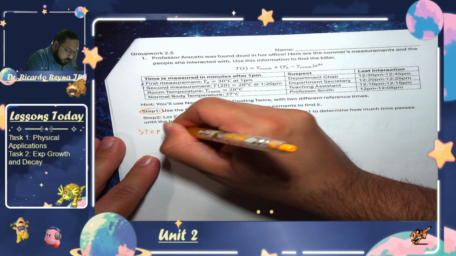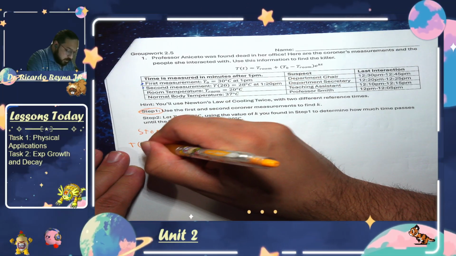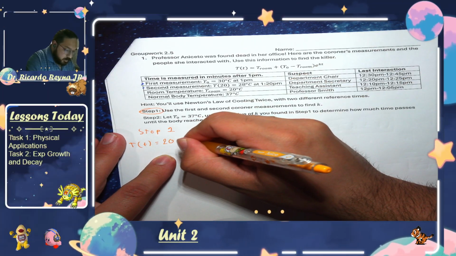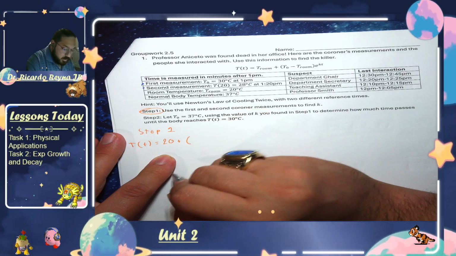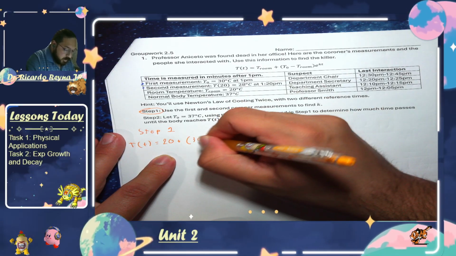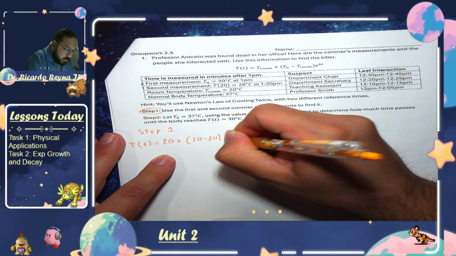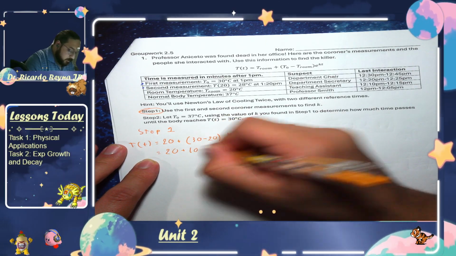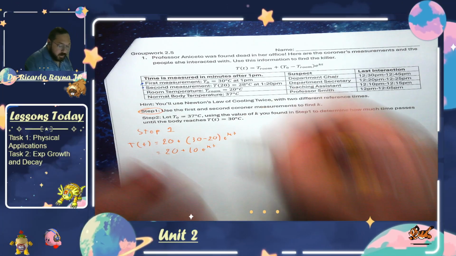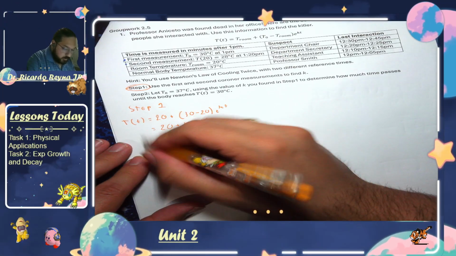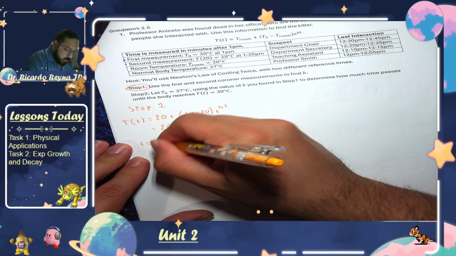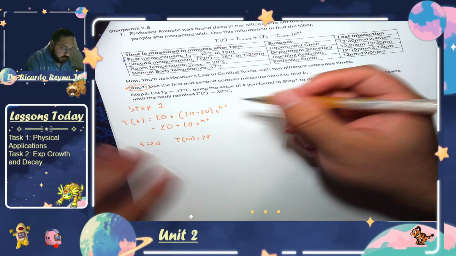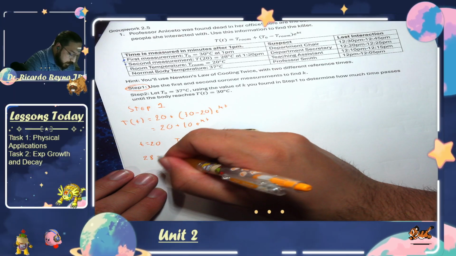So step 1, T of t is equal to T of the room, which is 20, plus T 0, which we say is 30, minus the 20, times e to the kt. That gets simplified to 10. And then we are also told for the second measurement that T of 20 is 28 degrees Celsius. So we can solve for that.